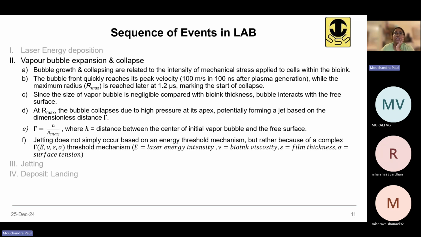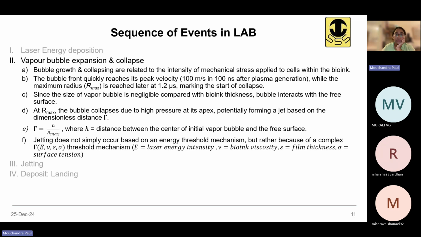I told you that how big or small the droplet deposited will be depends on the laser energy, right? But gamma is also a function of other properties like the bioink viscosity, the film thickness, how thick the bioink layer is, and the surface tension. All these four properties will determine this gamma value, and the gamma value in turn will determine whether we get a stream of droplets or not.